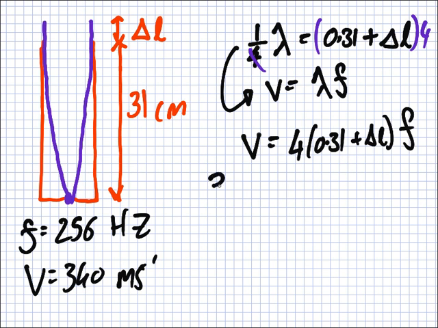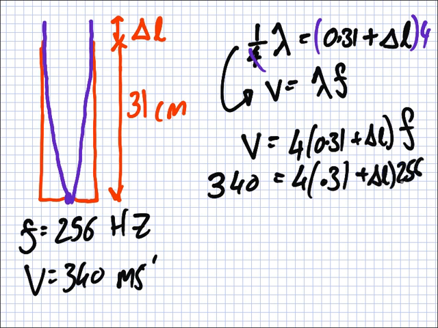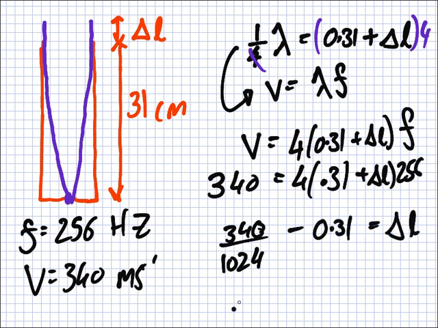So now I have 340 equals 4 times (0.31 plus delta L) times 256. So that's 340 over 1024 minus 0.31 equals delta L. So the end correction here is whatever that is.